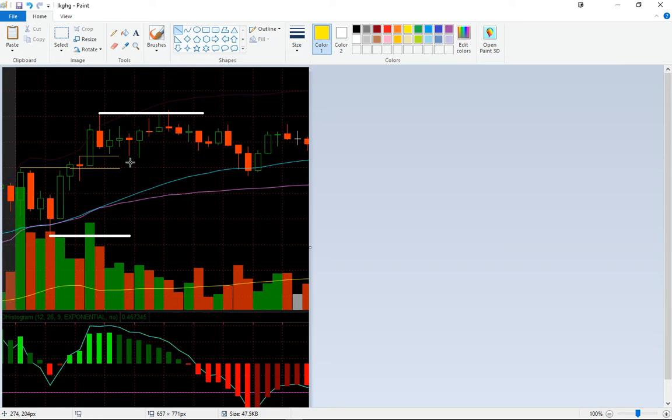Basically you would divide your account into 3 parts. But with that double contract situation, you basically just never add to a losing trade. It's basically the main idea.